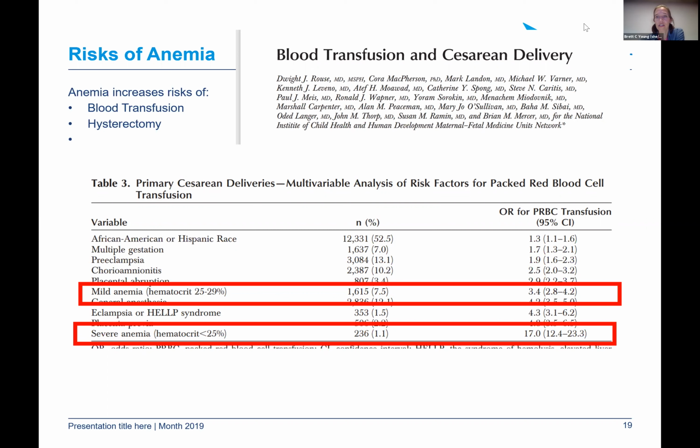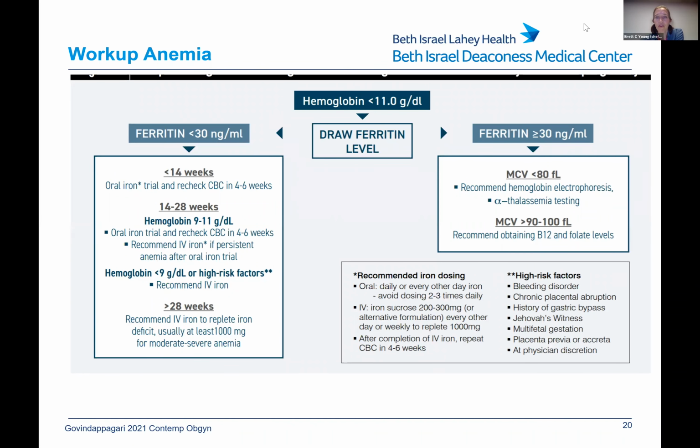And so that leads us to, again, when we think about caring for our patients with anemia in pregnancy, is there something that we can do as obstetricians during their prenatal care to try to reduce the likelihood of blood transfusion? So when we think about workup for anemia, we get an initial CBC at the time of registration, and if at prenatal registration, the first trimester, their hemoglobin is less than 11, we should think about various causes for this.